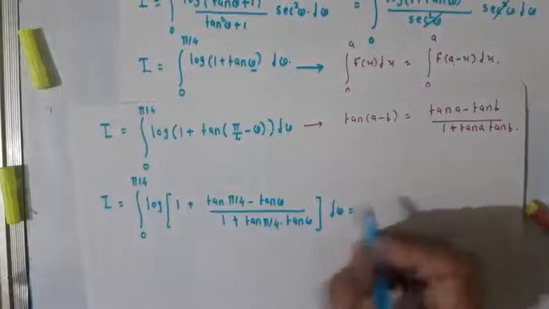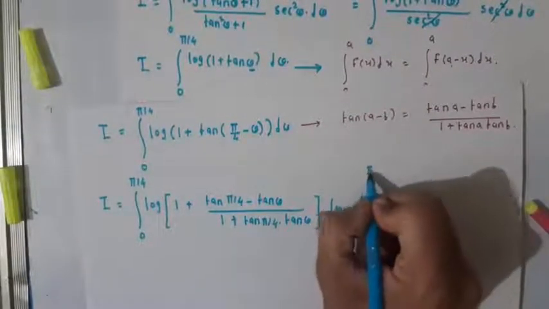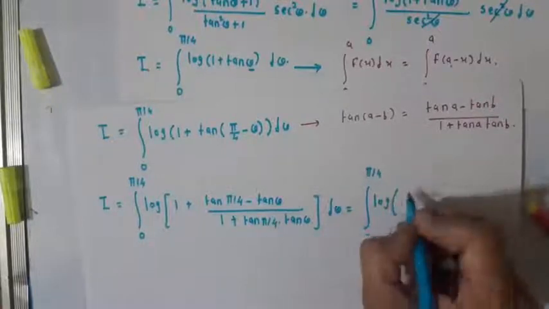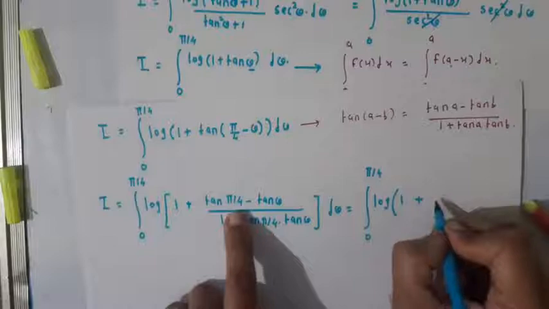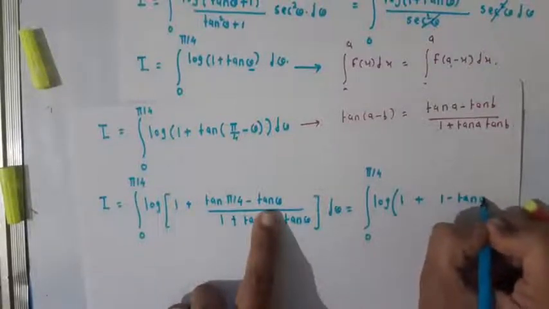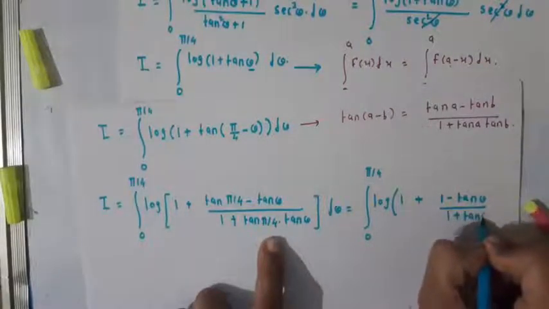Tan pi by 4 is 1, so this equals 0 to pi by 4 log of 1 plus (1 minus tan theta) upon (1 plus tan theta).